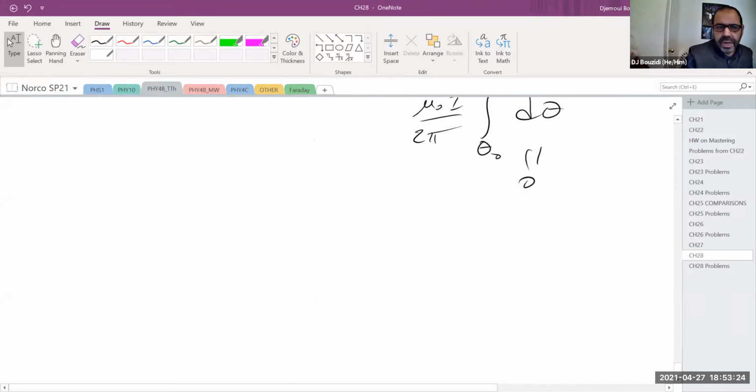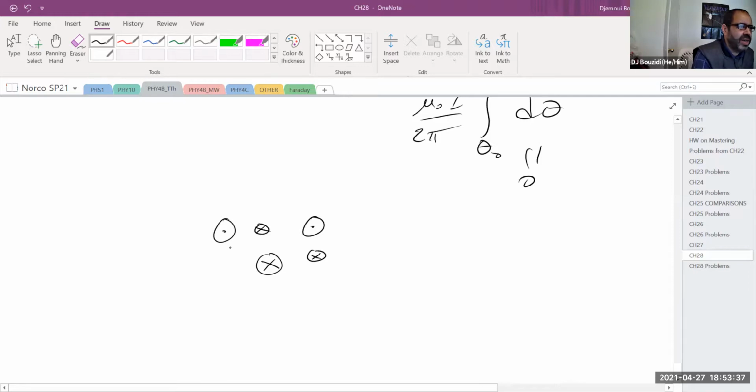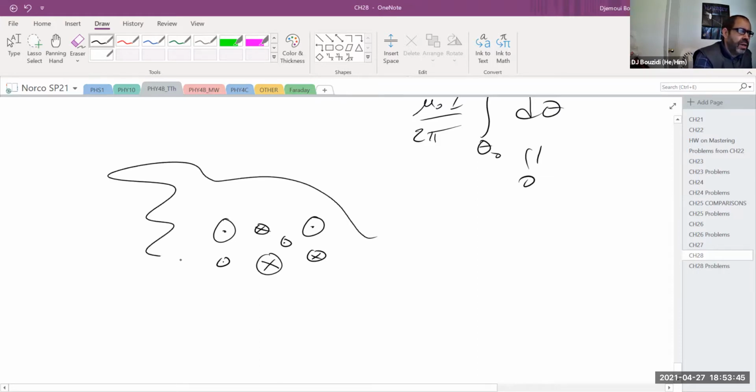The last point in here, and we would have had the entire theorem, is if I have many wires, and one of them is going in, and this one is going in, and this one is going in. So I have a bunch of them. Some of them are coming out, and some of them are going in. So in this case, I have to find the contribution for any closed path in here.